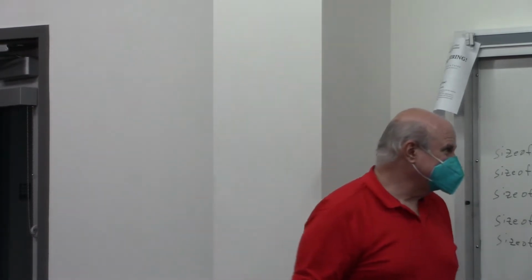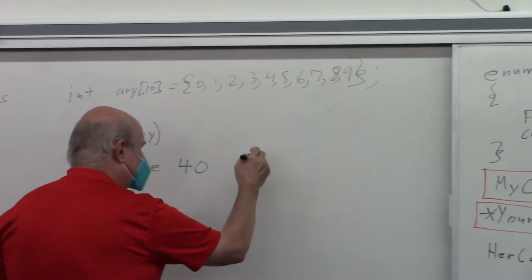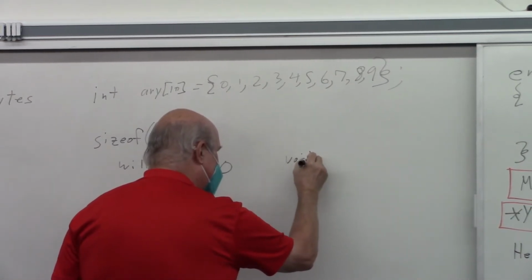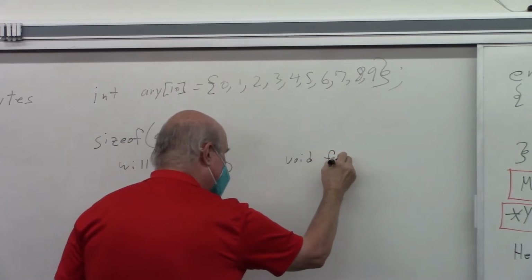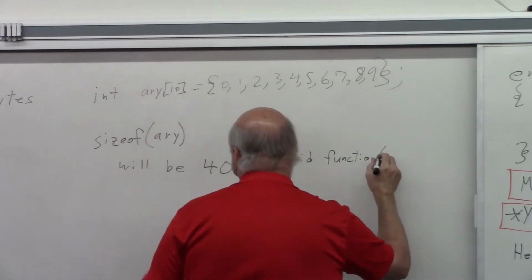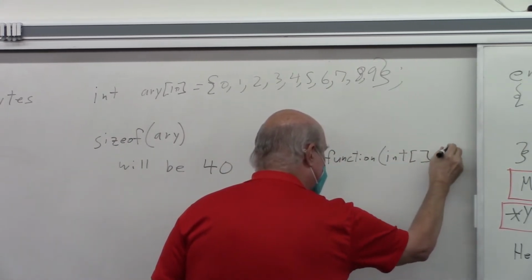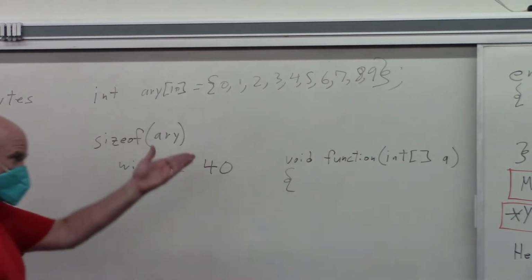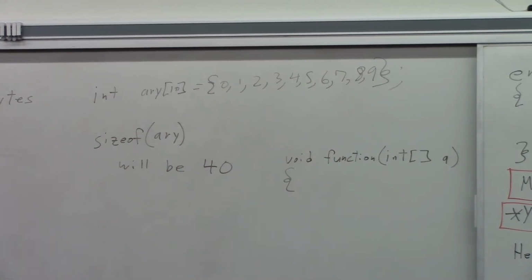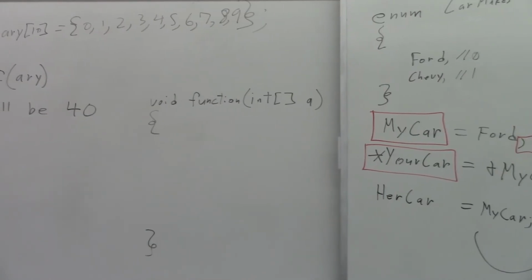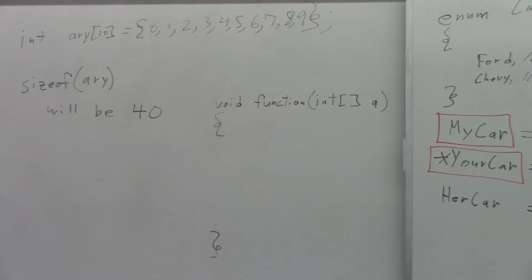Now later on, we're going to get to things like this, where you're passed an integer array in your little function, but you don't know how big it is. So how do we find out how big it is?